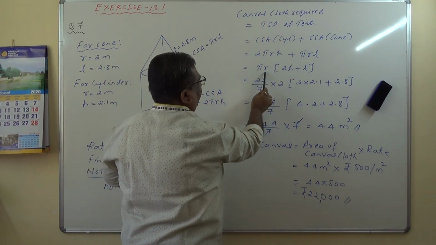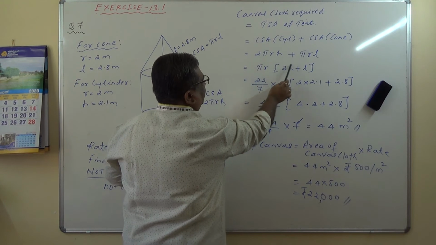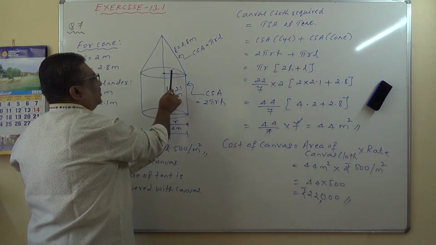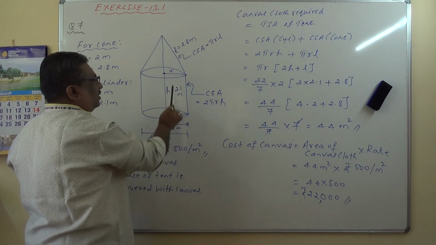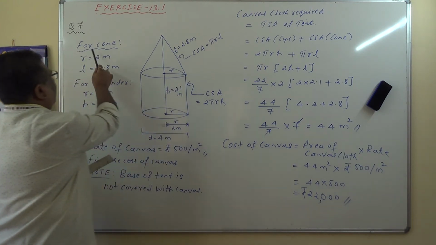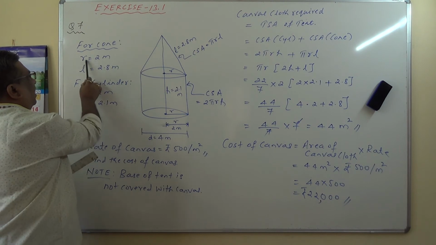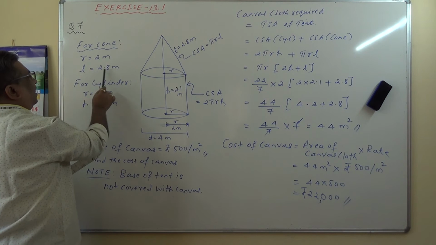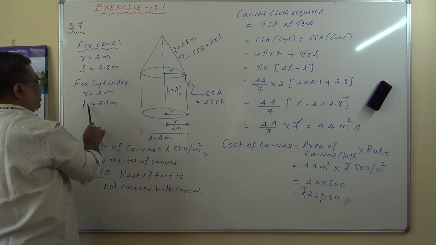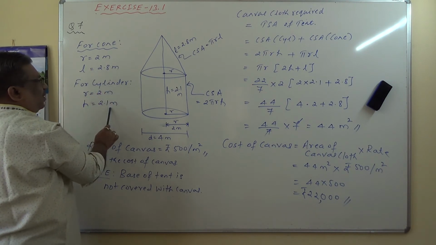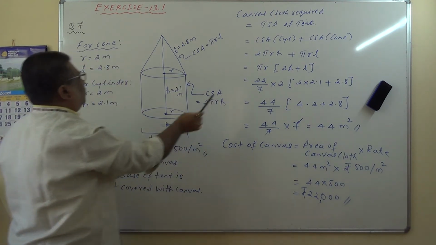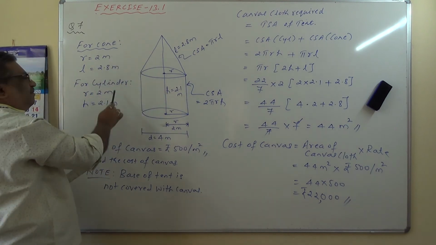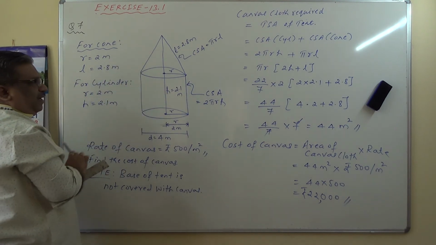Now simplify it, take pi r common: pi r into (2h plus l). The radius for both cone and cylinder is the same, r is 2 meter. The slant height of the cone is 2.8 and the height of the cylinder is 2.1 meter. Let us substitute the values of r, h, l from the given information.